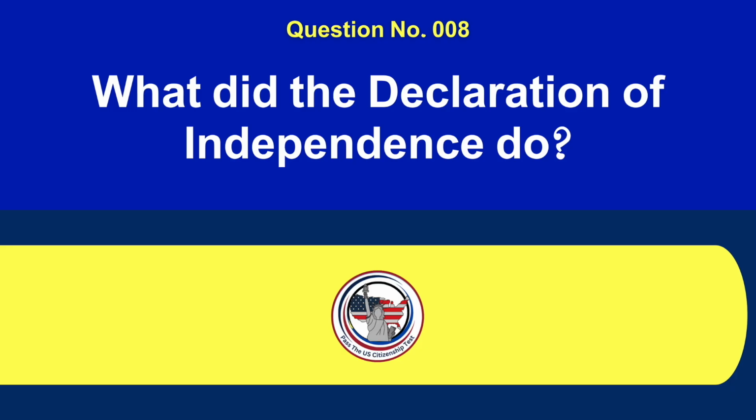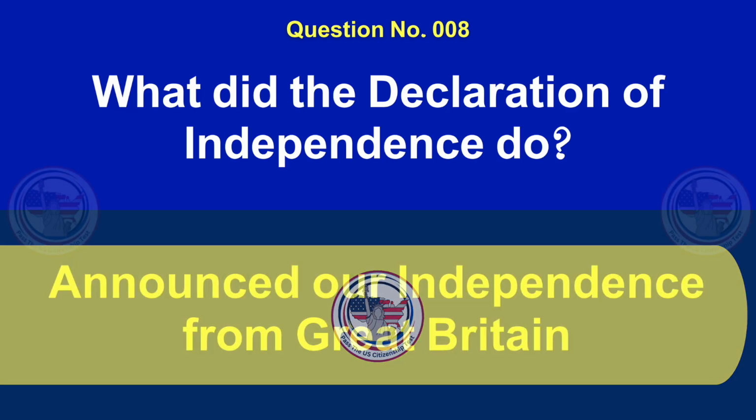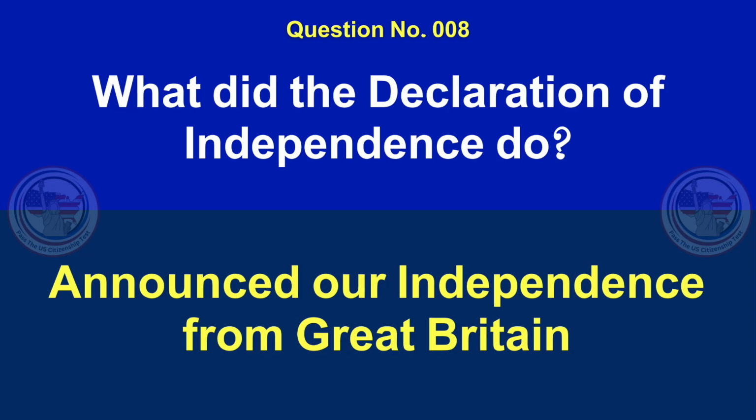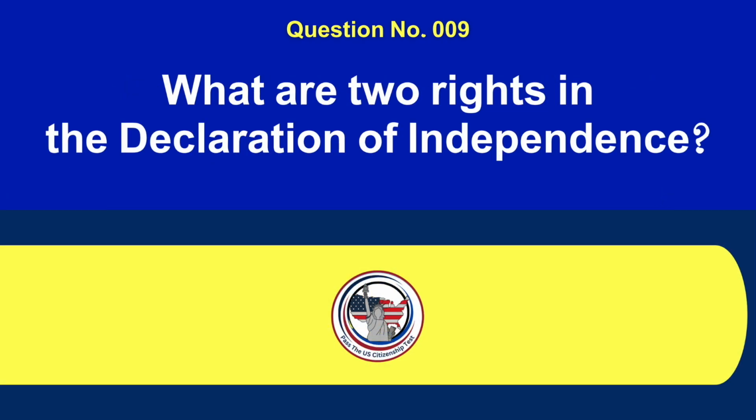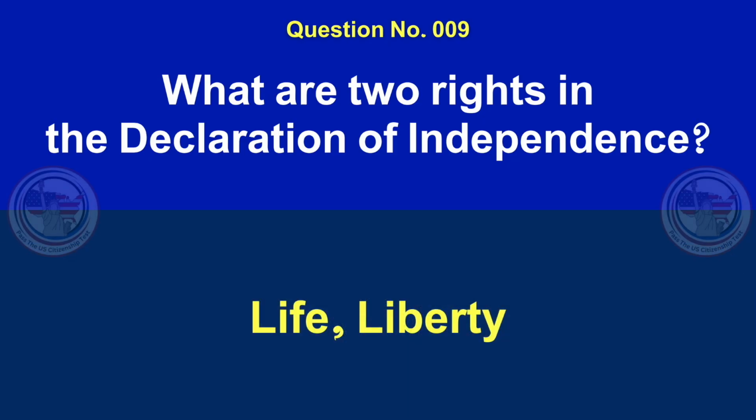What did the Declaration of Independence do? Announced our independence from Great Britain. What are two rights in the Declaration of Independence? Life, liberty.